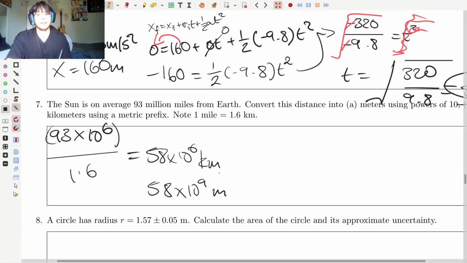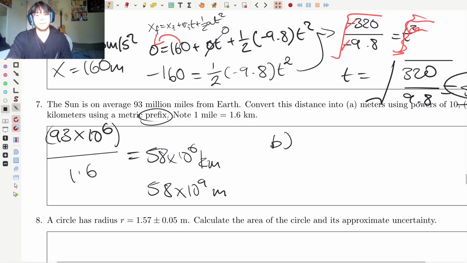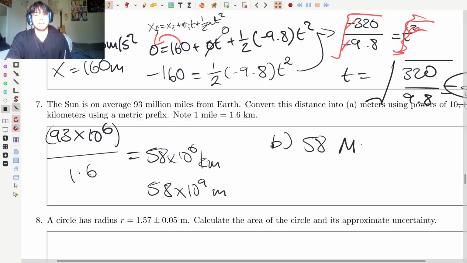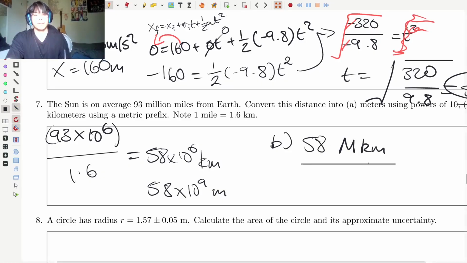And then B, so this is kilometers, so with a prefix, this just becomes 58 megakilometers.